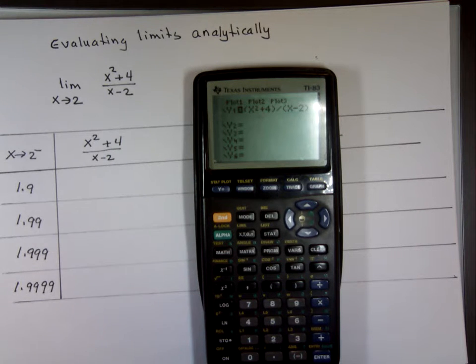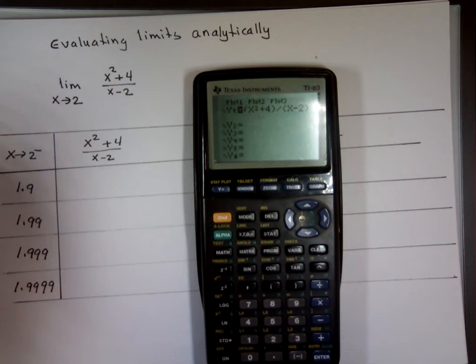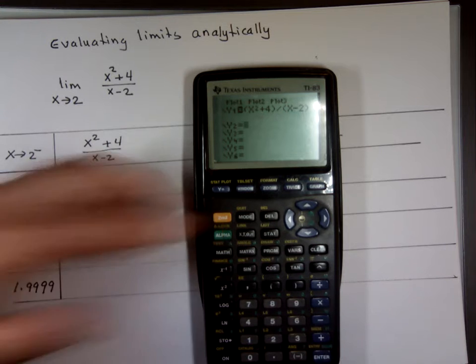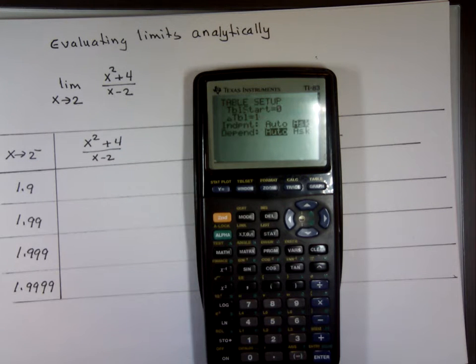And if you remember, I said if you go to table set, you want to set your calculator to accept any number. So let's make sure, hit enter to accept this function. Table set, second that. And I want to be in the ask mode for the independent variable. This way I can use any number I want to use.